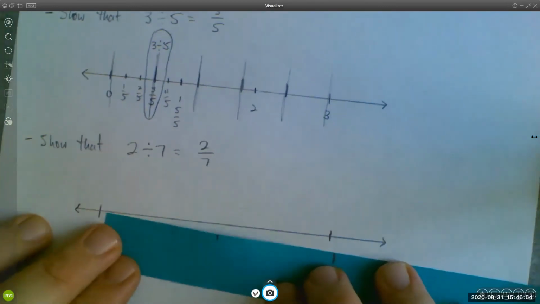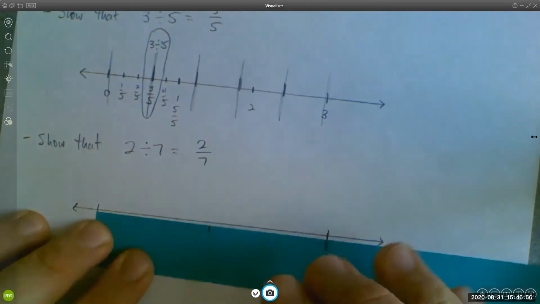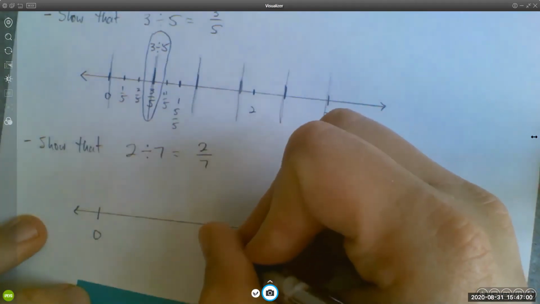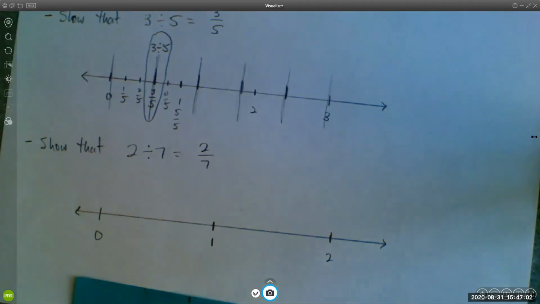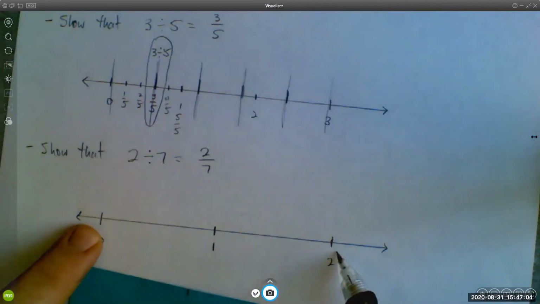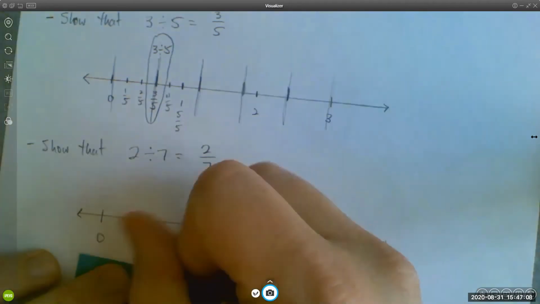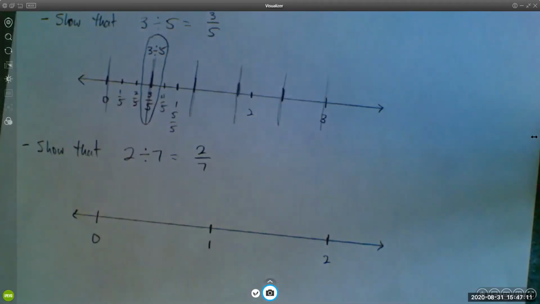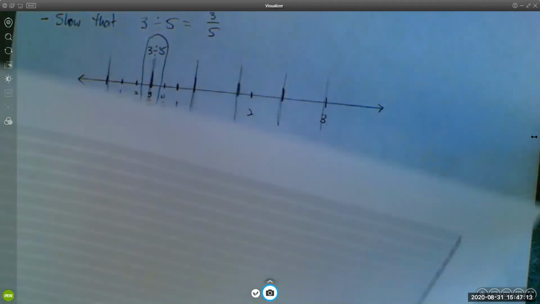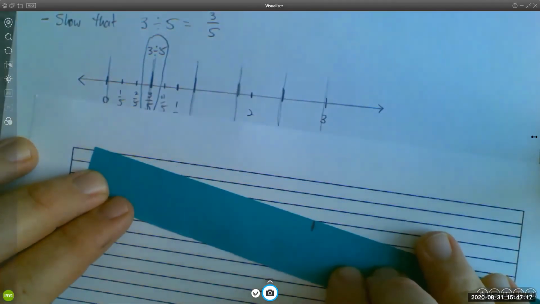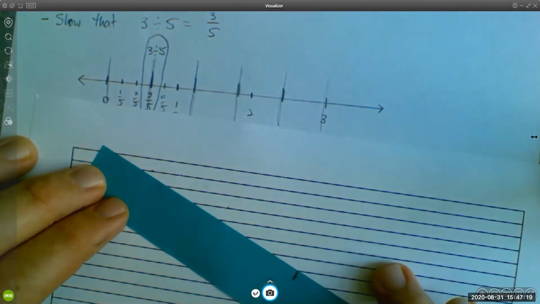So 1 goes right there. There's 1. Now I need to split this distance into 7 parts. That's what 2 divided by 7 means, right? So I'm going to split 2 into 7 parts. So 1, 2, 3, 4, 5, 6, 7.